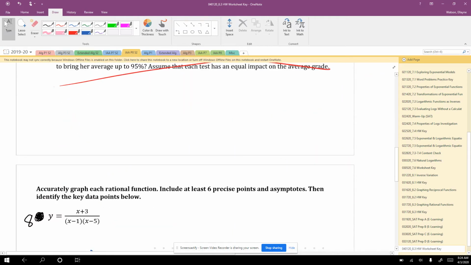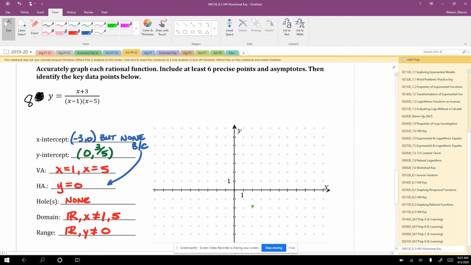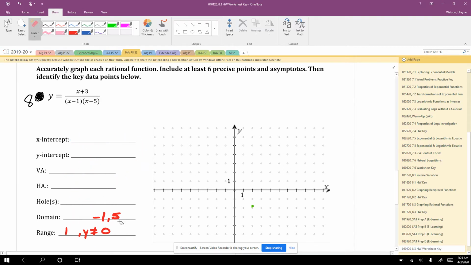Moving on to number 8. These are our answers here, and I'll show you how I get all of these. First, let me erase these so I can start from the beginning. This is already factored for you, and there are no common factors, so there is no hole.